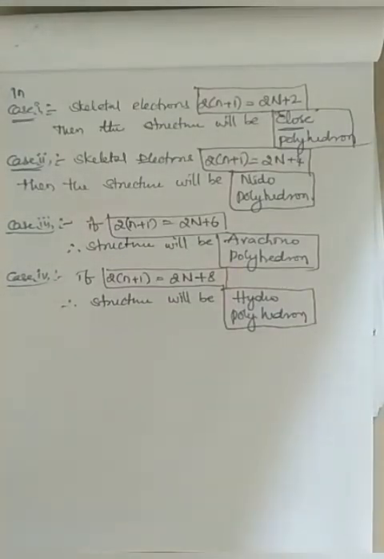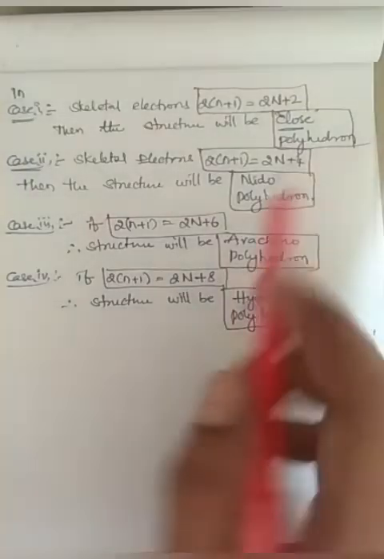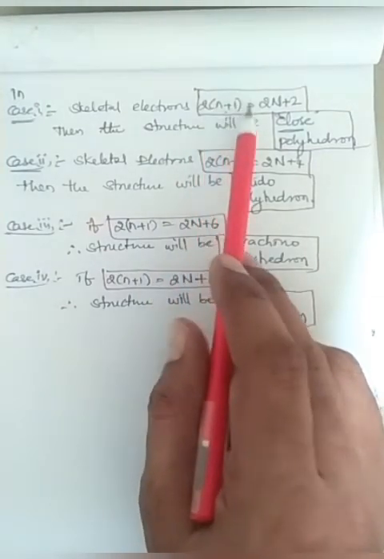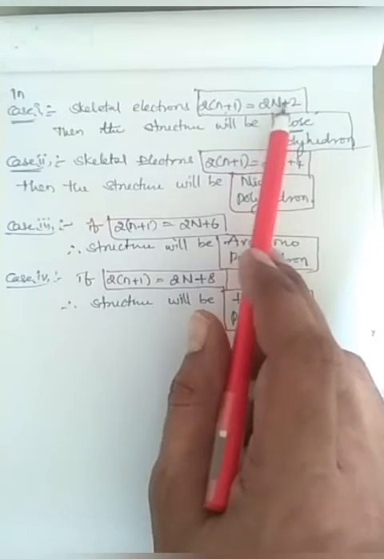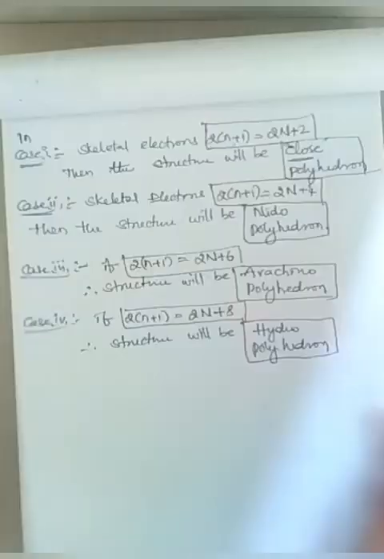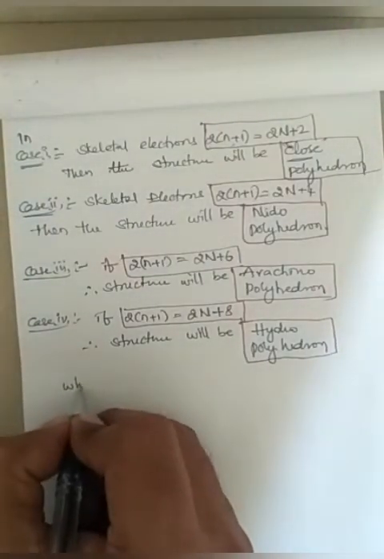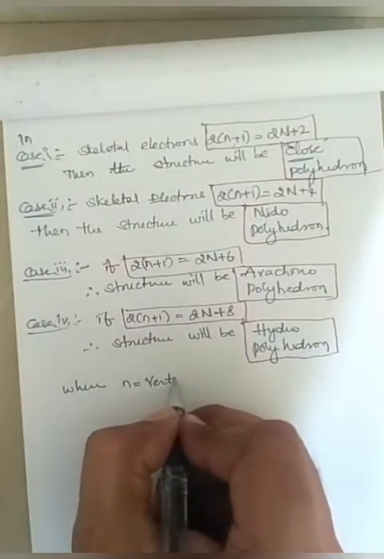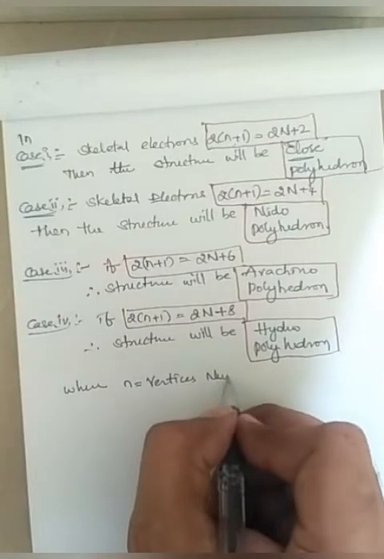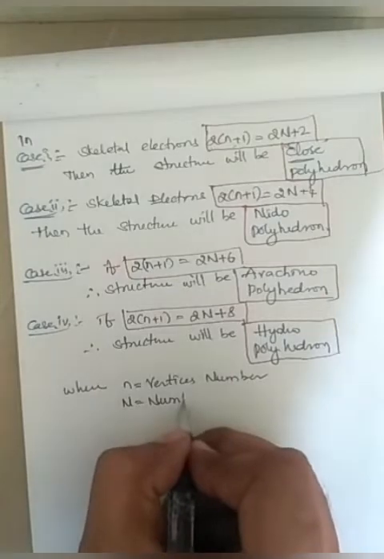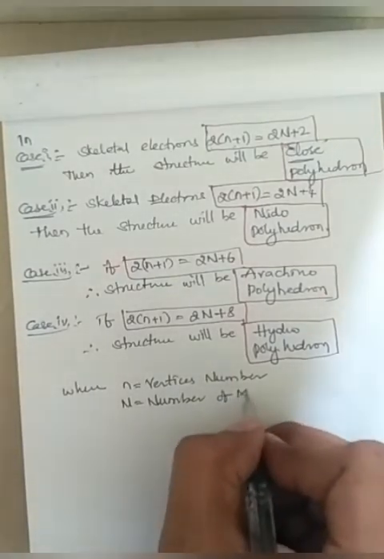So what it means by closo, what it means by nido, what it means by arachno, what it means by hypho, right? Closo, when we look into the closo, 2 into n plus 1 is equal to 2 into number of metals plus 2, where small n reflects the number of vertices and capital N reflects the number of metal atoms.